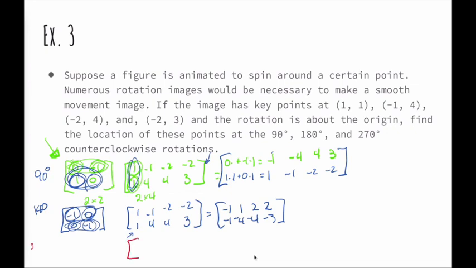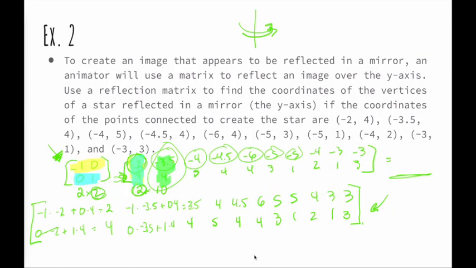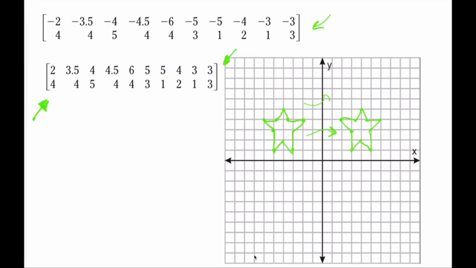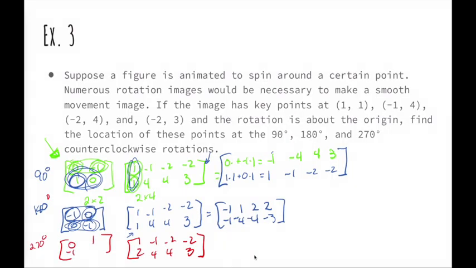And then for 270 degrees, I'm going to take that same vertex matrix and multiply it by the rotation matrix for 270, which is this one, 0, 1, -1, 0. When we multiply the row by the column, we multiply the x by 0 and the y by 1, so the y's just end up here the way that they are.